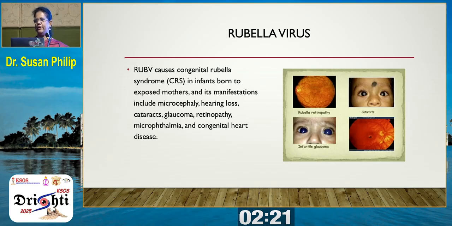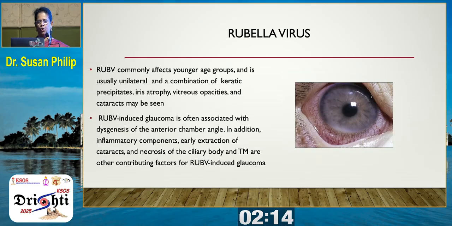Rubella virus typically presents as congenital rubella syndrome, which has many associations along with congenital glaucoma. Rubella commonly affects the younger age group, and rubella-induced glaucoma is associated with dysgenesis of the anterior chamber angle. In addition, inflammatory components, early extraction of cataracts, and necrosis of the ciliary body and trabecular meshwork are other contributing factors for rubella-induced glaucoma.